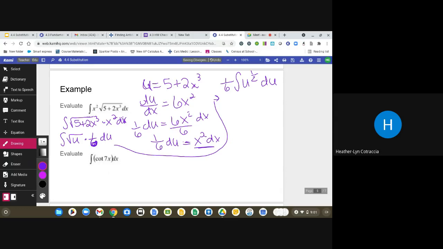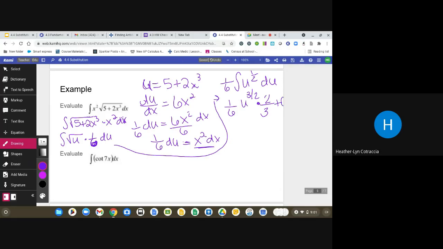Okay, now we're going to use our power rule. So we've got 1/6, this constant multiplier comes along for the ride. I'm going to add 1 to my exponent, so it becomes u to the 3/2. A half plus 1 is 3/2. And then I can divide by 3/2, or that's the same as multiplying by 2/3, plus c.